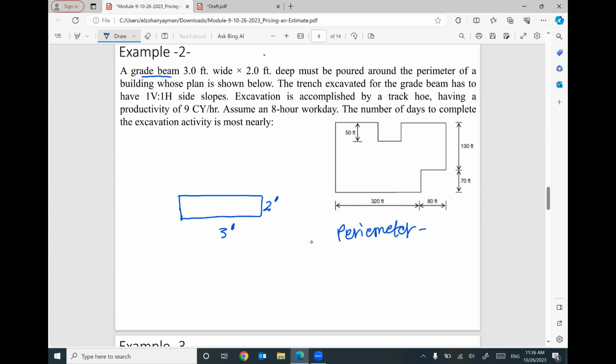of this area of land will be, I have this length 320 plus 80, I have 400 feet, 2 times. This one is 800 feet. This one, and this one, 800 feet, 400 feet. Plus, I have this one 130 and 70, it's 200 feet, repeated 2 times.